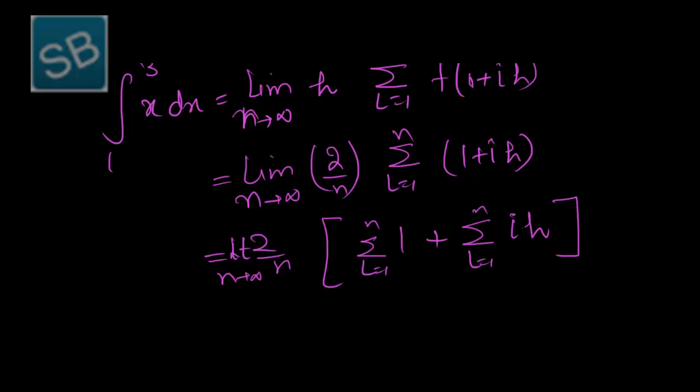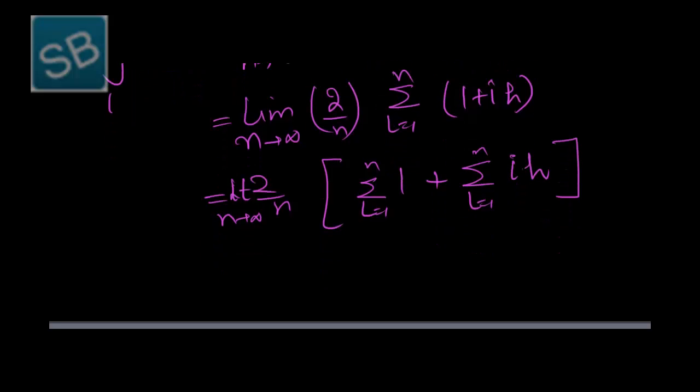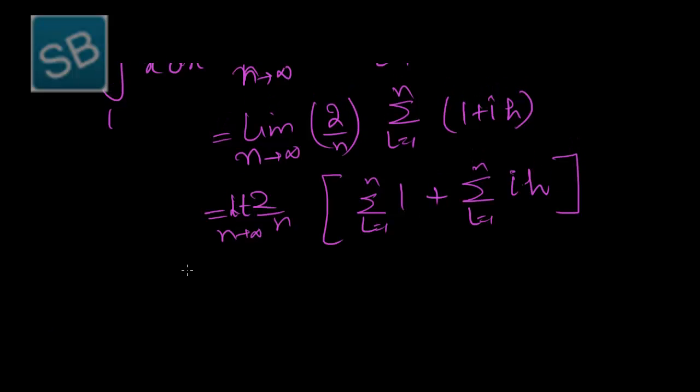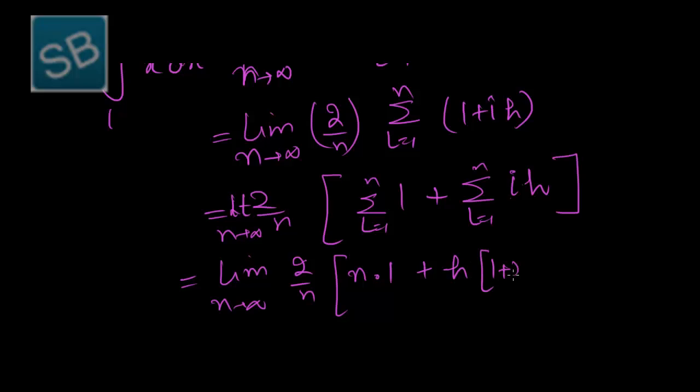Now the next one is limit n tends to infinity 2 over n. Now 1 is repeated n times, so it becomes n into 1, that is n, plus sigma ih, where h is common, and in the bracket we get 1 plus 2 plus 3 up to n.